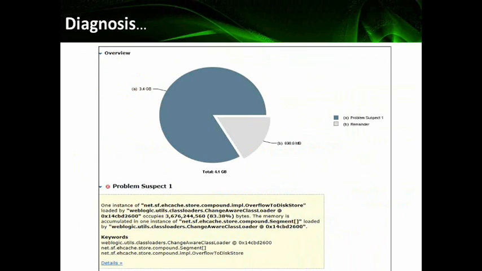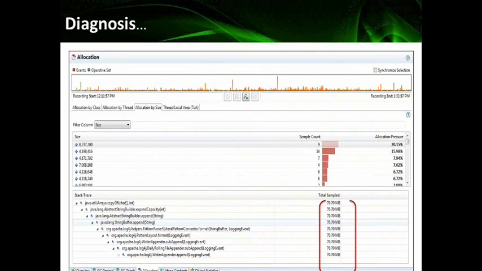We looked at what that object is, and when we drilled down, we identified a lot of objects within the framework that were occupying more than 80%. On the right hand side of this slide, you can see about 70 MB of object sizes.